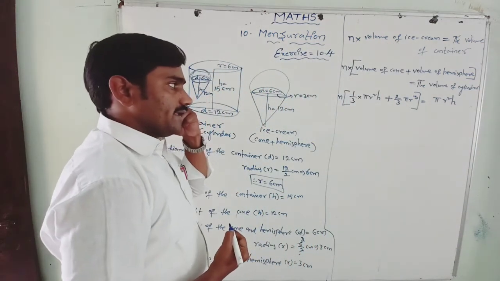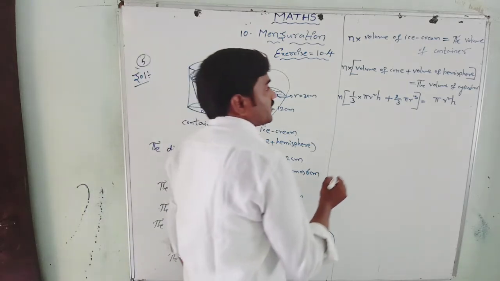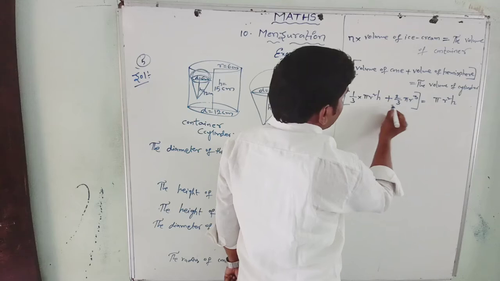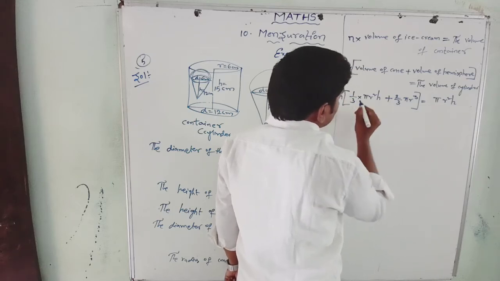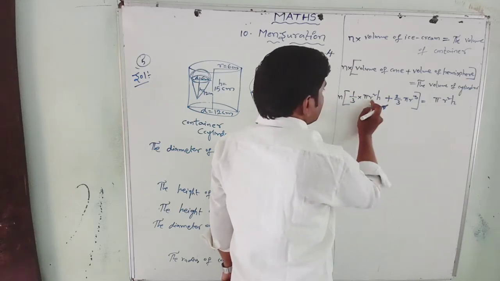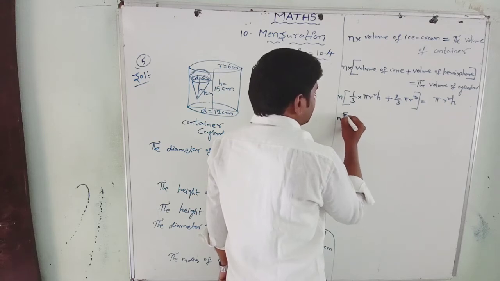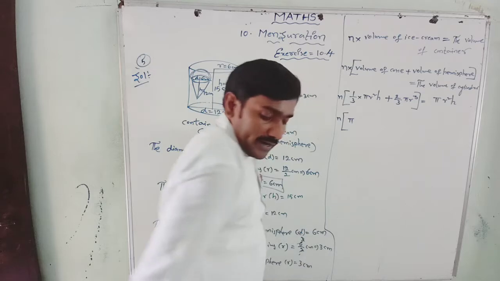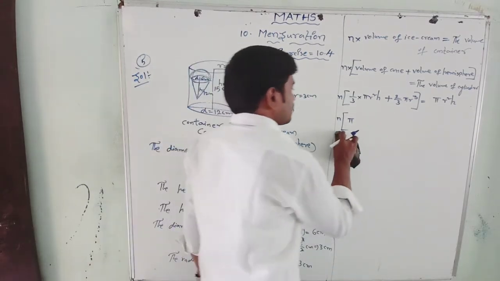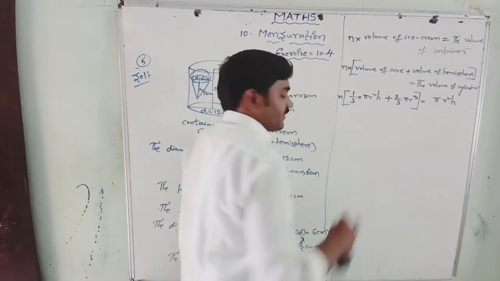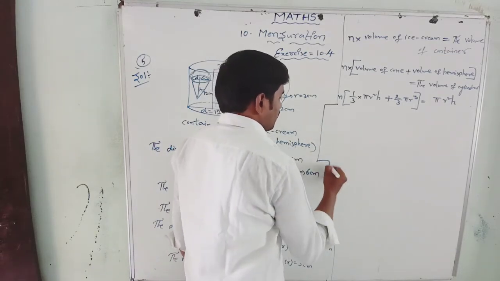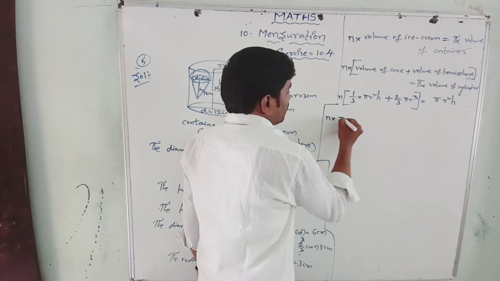Here we see pi. What can we take out common? First of all, let us take out pi as a common factor. So pi taken common, n into pi.